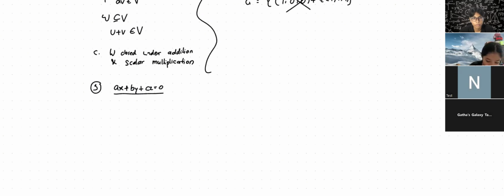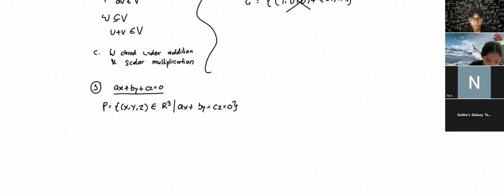Okay, so we can actually write this like this, where P is (X, Y, Z), an element in R3, where AX plus BY plus CZ equals 0. We have talked about point of origin, right?